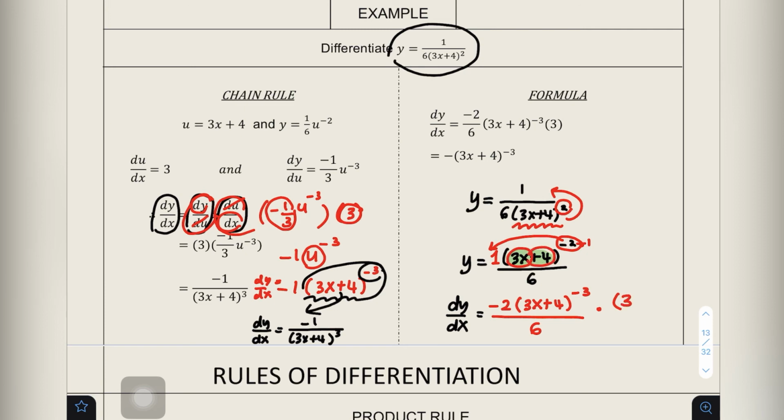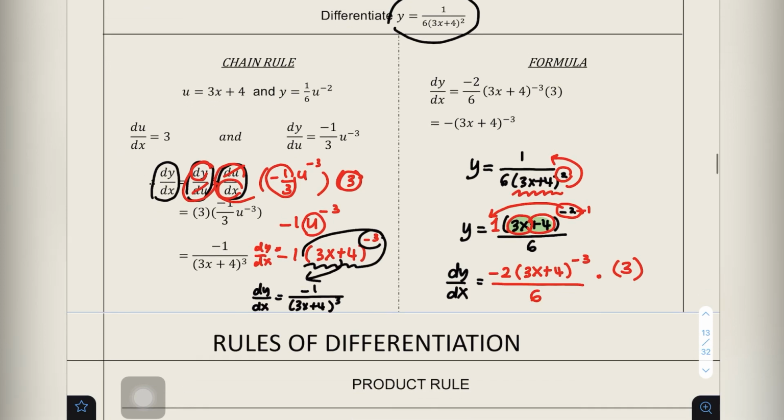Differentiation of 4 is 0. Okay, and then you can simplify. -2 multiplied by 3 is -6. -6 divided by 6. So you have your dy/dx equal to -1, (3x plus 4) to the power of -3.